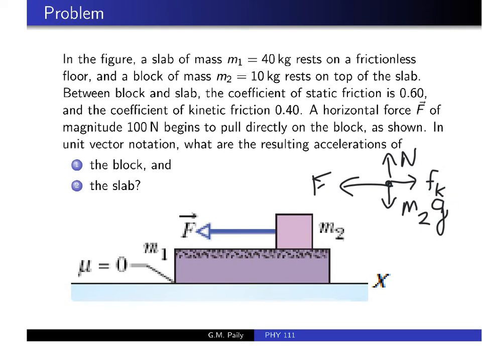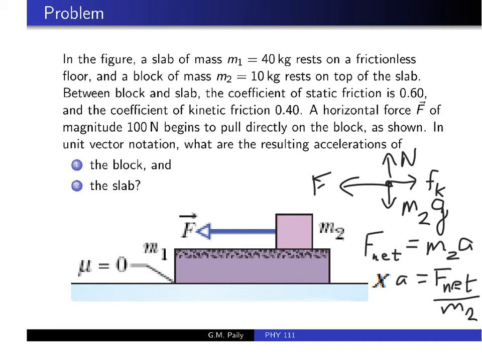The forces in the y direction balance and cancel each other out. What about the forces in the horizontal direction? Well, this is 100 newtons, this is 40 newtons, the net force is 60 newtons to the left, and so from that we can calculate the acceleration.